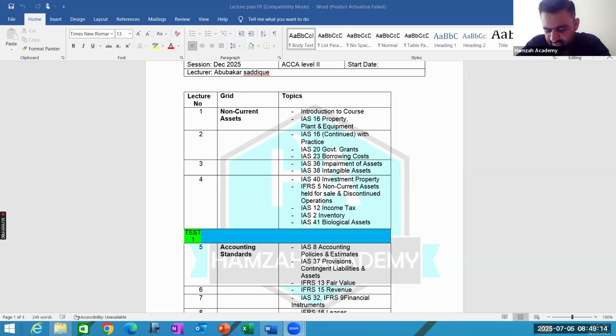Okay, can you people give me your introduction so I have an idea of your background studies? For example, some students get some exemptions on the basis of a university degree, and some students are from the direct ACCA route.